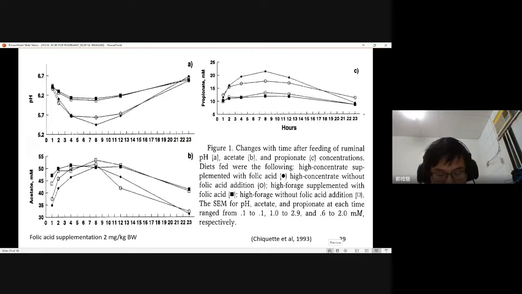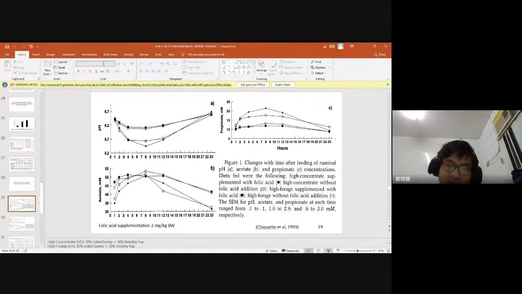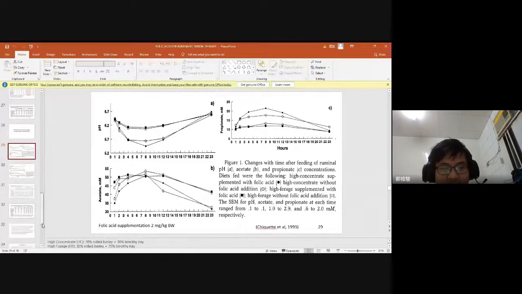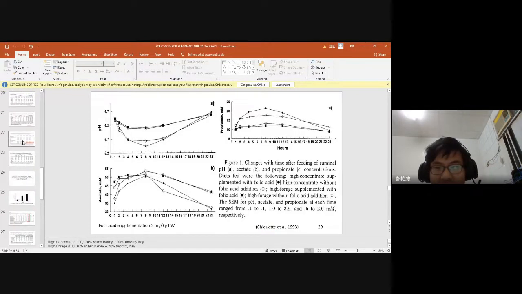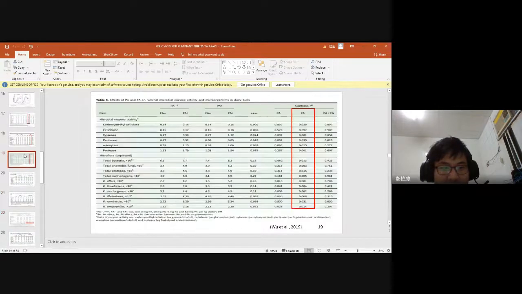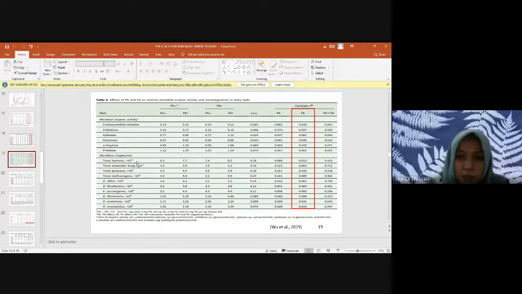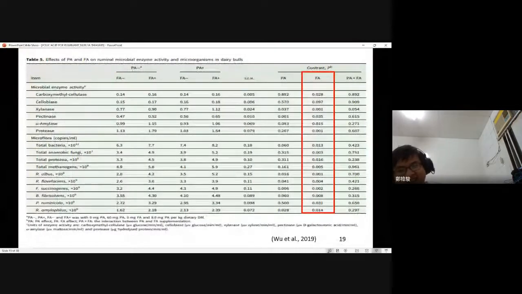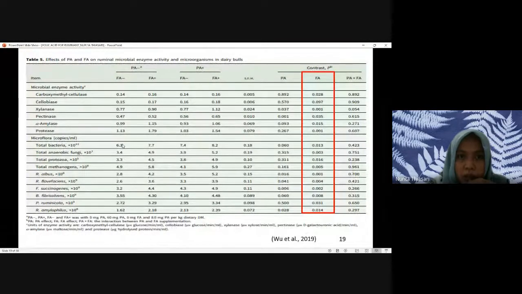All the microorganisms grow. I just want to ask, will it make the microorganisms in the rumen unbalanced? Excuse me, do you mean this one? Yeah. With the addition of folic acid they will increase?